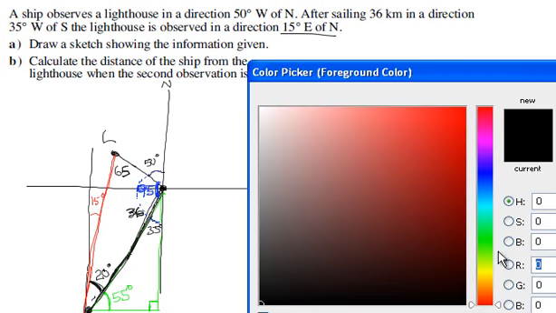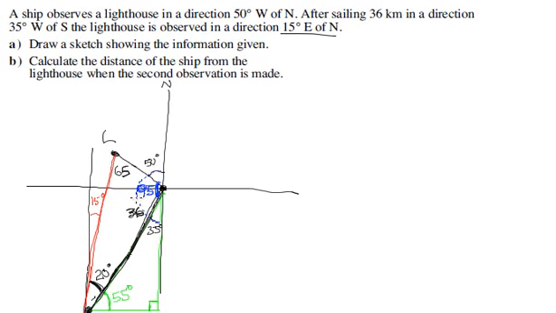And now I believe we can solve this thing because we have an opposite pair, finally. We have this 36-kilometer side, and we have the angle across from it. And then we want to find this side, which I'm just going to call X. And we have the angle across from it, the 95. We're in business.